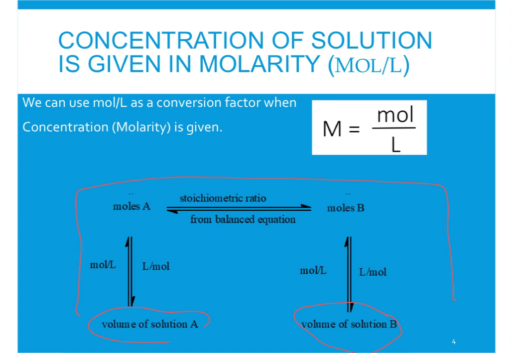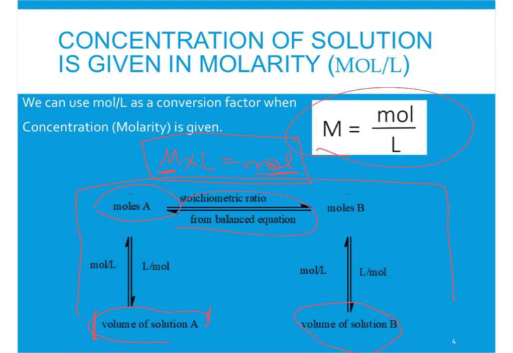So if you're given volume of something, you're going to have to convert that to moles, and you do that by using the molarity equation. If you rearrange the molarity equation to get to moles, this is probably the most common calculation you're going to do in solution stoichiometry: molarity times liter gives you moles. So this one you definitely want to have at the edge of your brain at all times, okay? Molarity times liter equals moles.